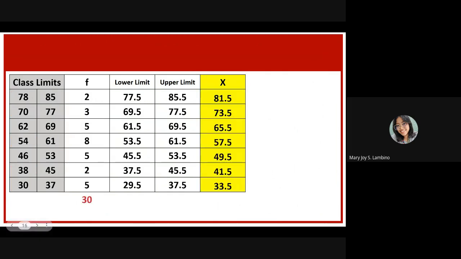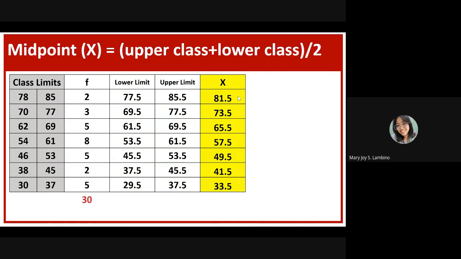We get the answers of 33.5, 41.5, 49.5, 57.5, 65.5, 73.5, and 81.5.